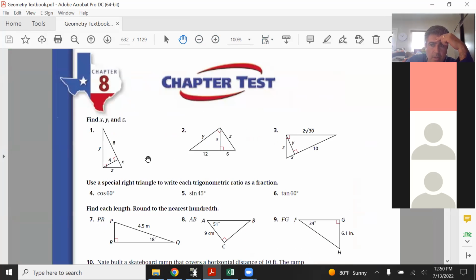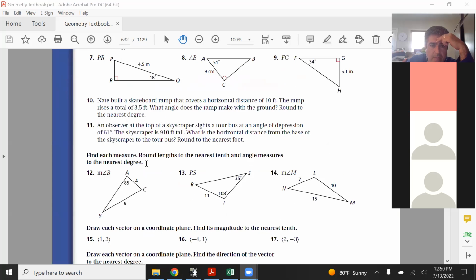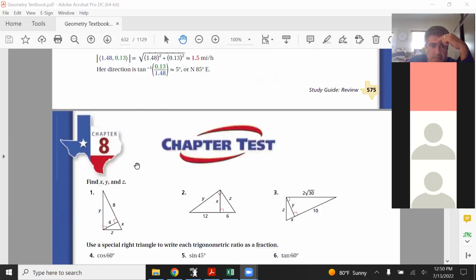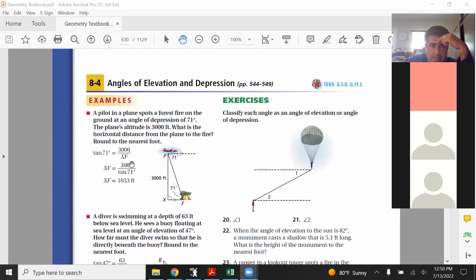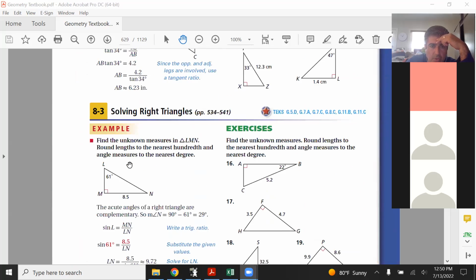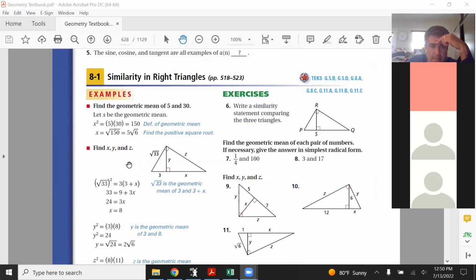So it looks like they deal with the geometric mean stuff. No, we didn't do vectors. You didn't do log sines, log cosines. You did trig, solving right triangles. So definitely this is good. And then I think maybe it would be chapter 7 stuff.